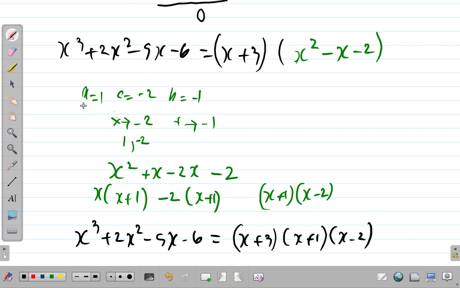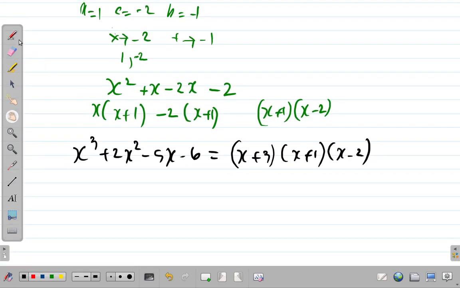You see that? Now, let's do one last thing here. Is this really correct? If we have x plus 3, x plus 1, x minus 2, do these really multiply out to give x cubed plus 2x squared minus 5x minus 6?